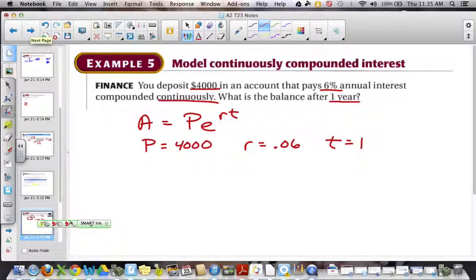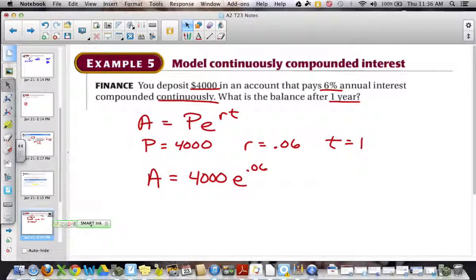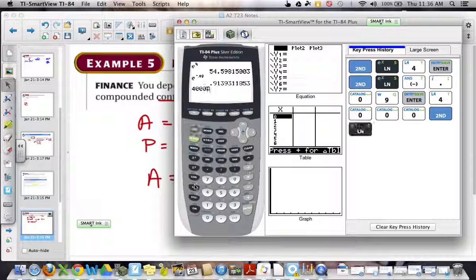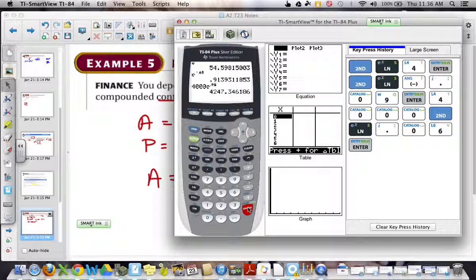Substitute those values in, and you get A equals 4,000 times e to the 0.06 power. And if we calculate that, 4,000 times e to the 0.06 power, we end up with $4,247.35.